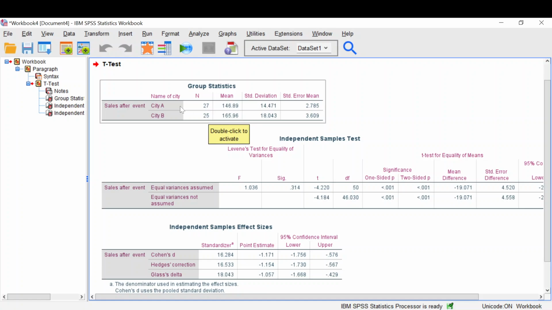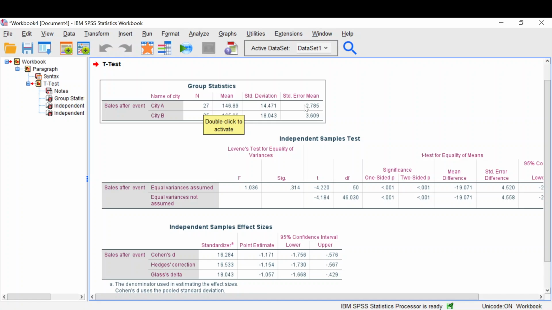Okay. We can also look at the means, standard deviations, and standard error means, just as we did in the one samples t-test video. So here we can see that we had 27 observations for city A with an average unit sales of 147 units. It's units, so we have to express it as a whole number, with a standard deviation of 14.471 and a standard error mean of 2.785.